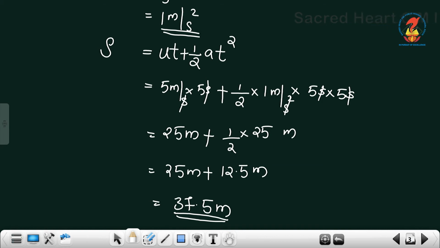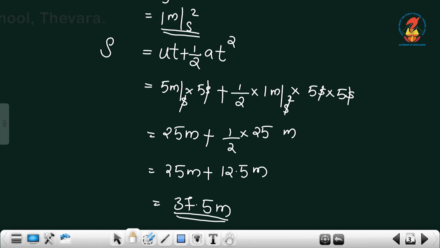So, read the question twice or thrice. Write what all things are given in the question. If it is given in kilometer per hour, convert it into meter per second. If it is given in hours or minutes, convert it into seconds in case of time. Now find the acceleration. According to the question, what is to be calculated?